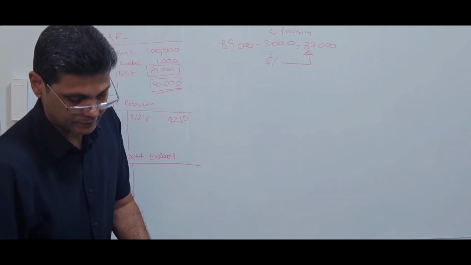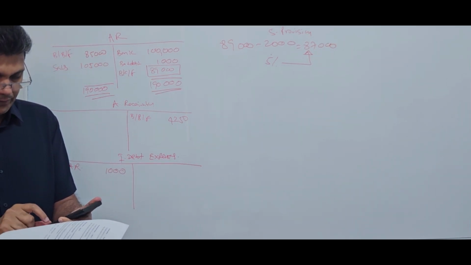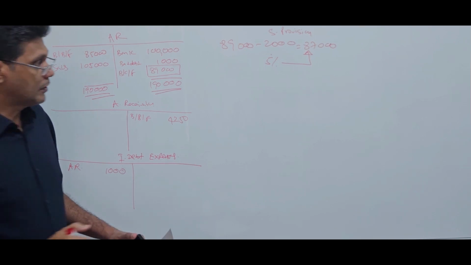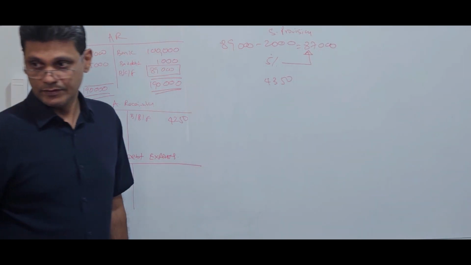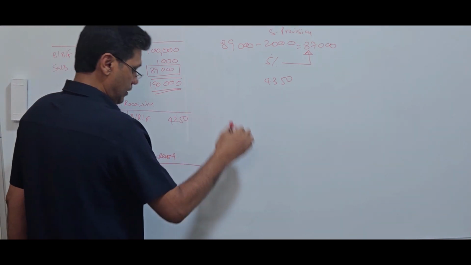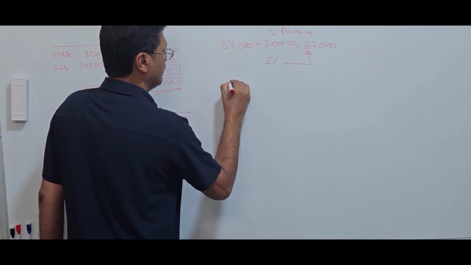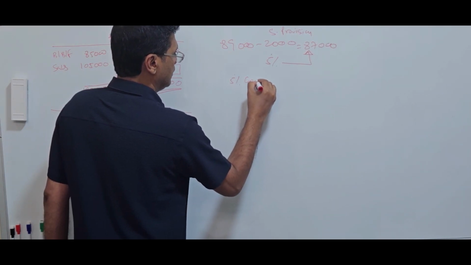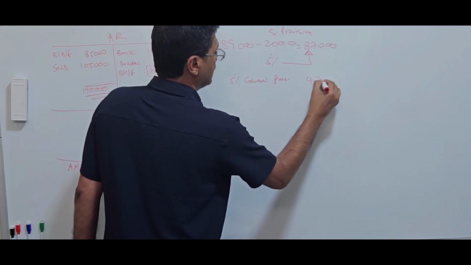How much is that? 87,000 times 5%, which is going to be 4,350. Okay, this we can say 5% general provision, or allowances, 4,350.